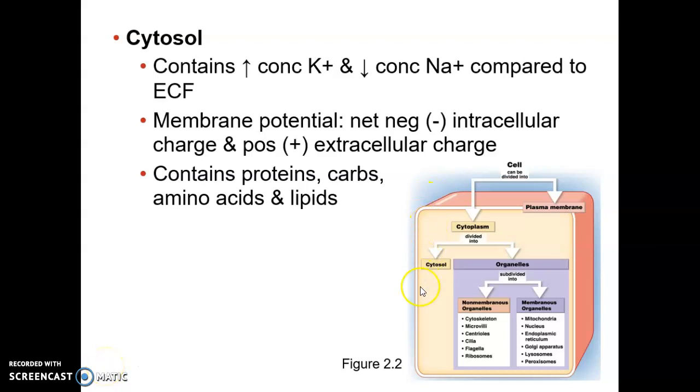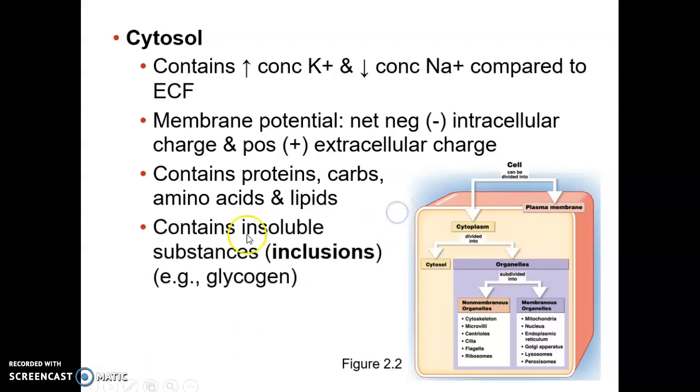And also within the cytosol, there are dissolved proteins, carbohydrates like glucose, amino acids, lipids, whatever substances the cells need to be healthy, basically. There are also insoluble substances, things that kind of clump together, like glycogen.